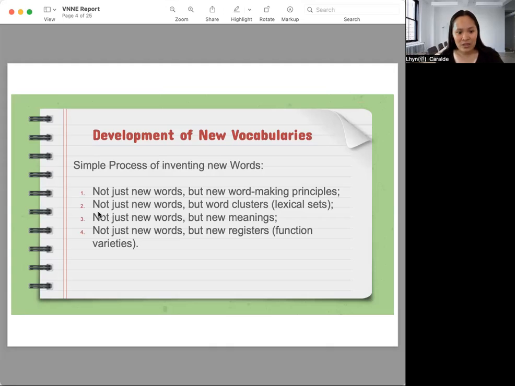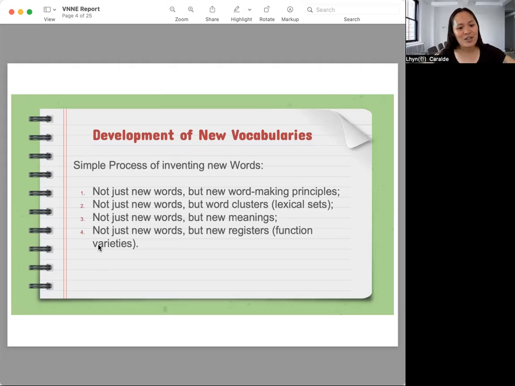The second one is not just new words, but word clusters, which we call lexical sets. These lexical sets are groups of words or forms of words by topic, function, or any form. For example, Thanksgiving, New Year, Christmas, and many more holidays.